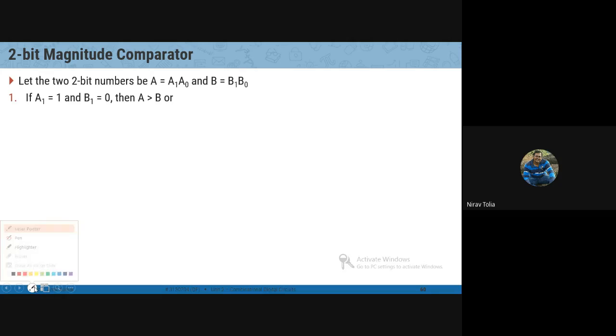Let me tell you why. Let's say my A1 is 1 and my B1 is 0, and suppose my A0 is 0 and my B0 is 1. If you convert into decimal, 1, 0 means 2 and 0, 1 means 1, so my A is greater than B. So if my A1 is 1 and B1 is 0, then we do not have to focus on the other bits, A0 and B0.